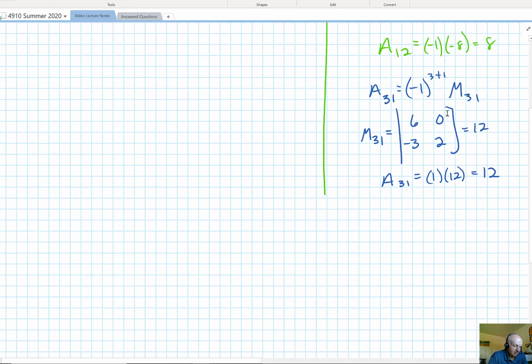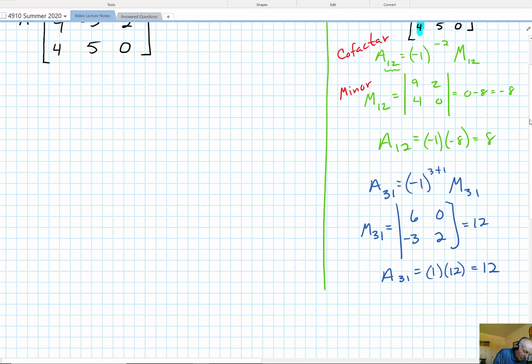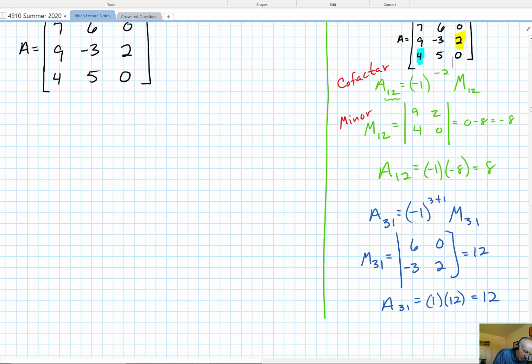Okay. So let's find the 2, 3 cofactor. Bam. I'm going to do it the easier way. So a sub 2, 3 is minus 1 to the 2 plus 3, which is 5.